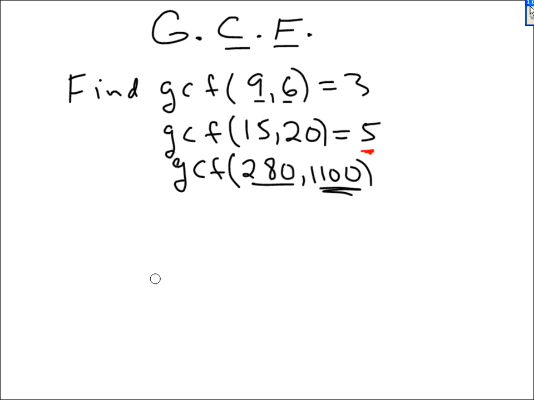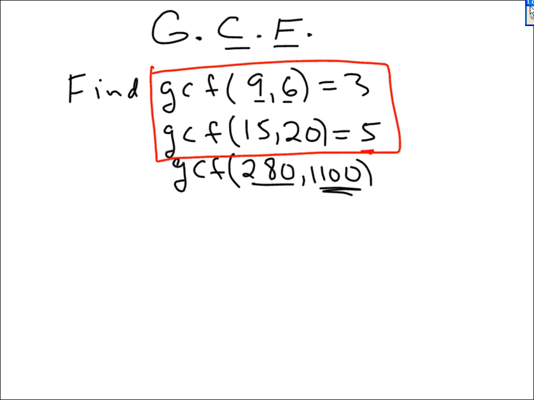Now, the first 2 examples I gave work very well using the technique that I just did. But you can use this new technique, the one that you definitely should use for large numbers. So if you don't like learning more than one technique, don't do the first technique. Only do this new one.